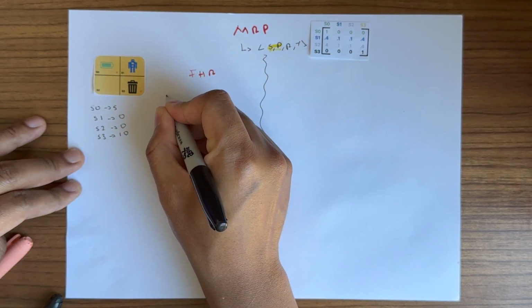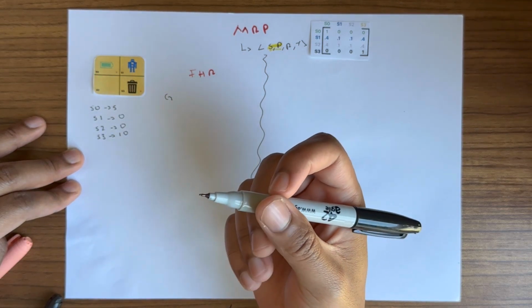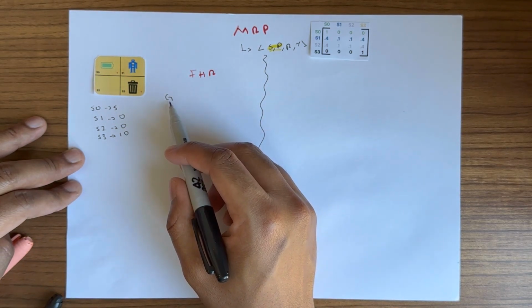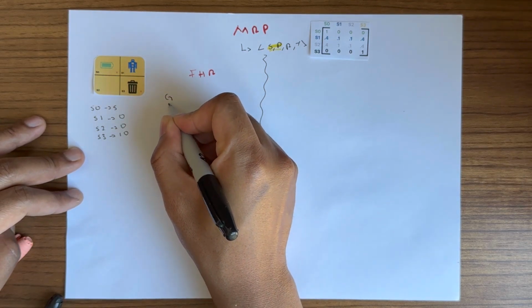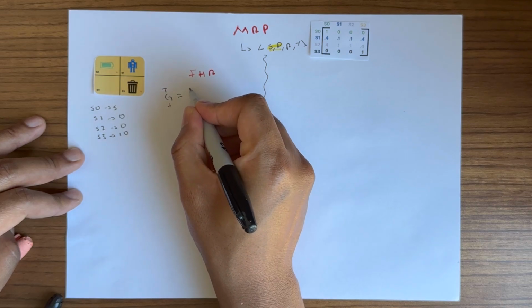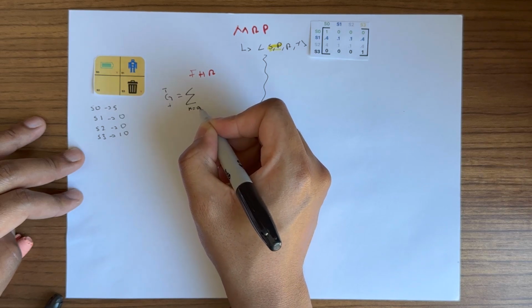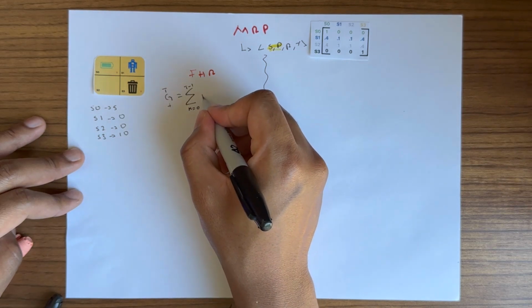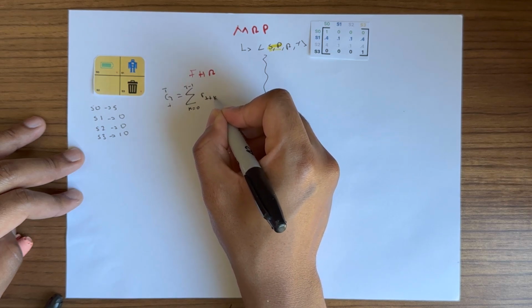Return is usually denoted with the letter G. In literature and in reinforcement learning books, the return sometimes is known as a gain, so that is why it's usually denoted with letter G. We are going to denote it from time t to time big T as the summation from k equals 0 all the way to big T minus 1 of the reward that I will get at t plus k plus 1.